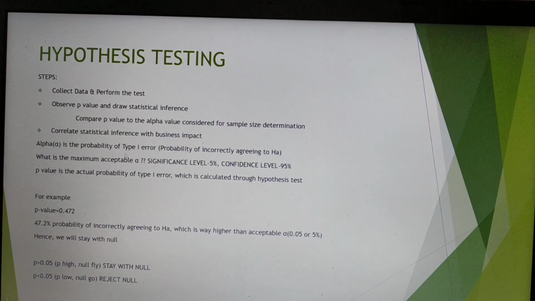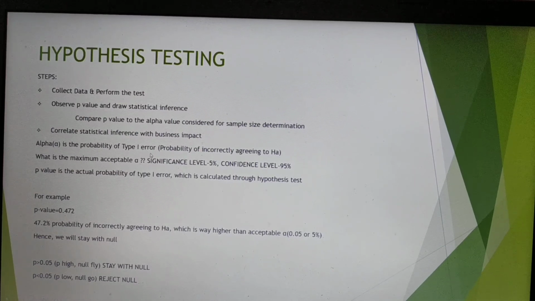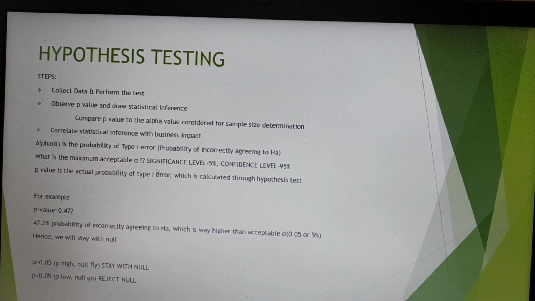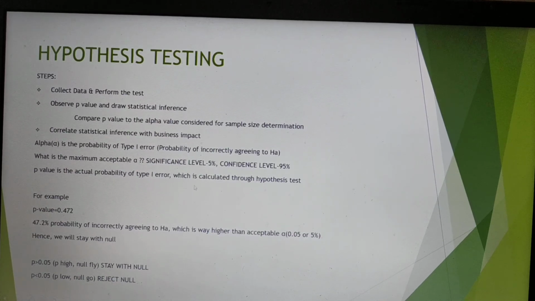Alpha is the probability of type 1 error, which is the acceptable probability of type 1 error. So it is called the significance level also, and 1 minus alpha is called the confidence level. P value is the actual probability of type 1 error, which is calculated through hypothesis test.